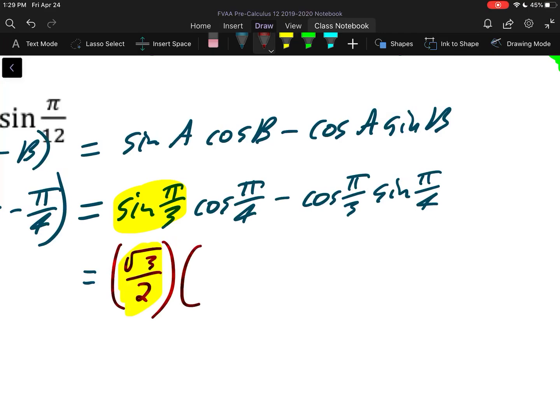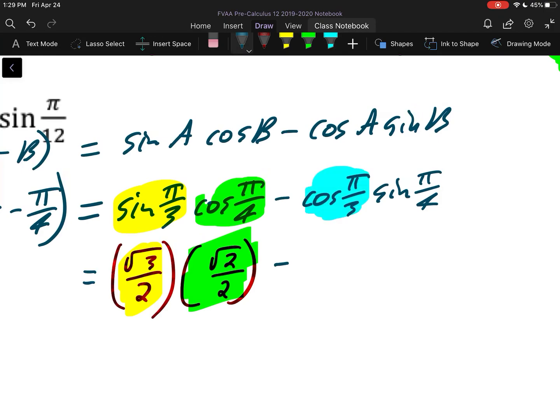Let's do the next one. What about cos pi over 4? What is the x value of pi over 4? It is square root 2 over 2. You see where we're going with this? Now, what about cos pi over 3? That is 1/2 on your unit circle.